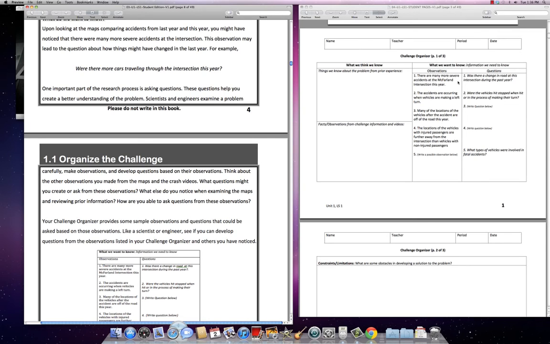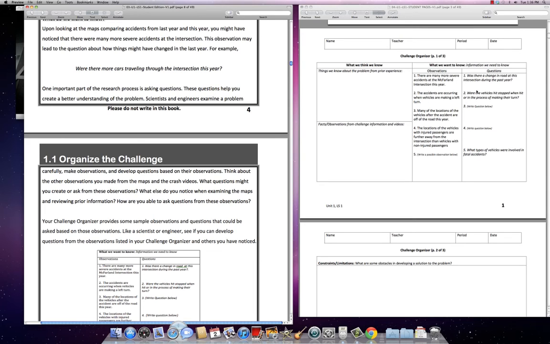So an example is, there are many more severe accidents at the McFarland intersection this year. This observation was made off of the maps, and so the question might be, was there a change in the road intersection this past year? If there are many more severe accidents, maybe there is a change. So again, you view how you might scaffold answering these questions based on the observation.